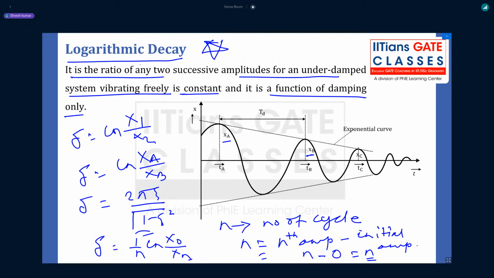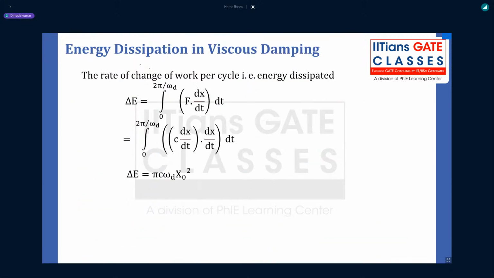So after logarithmic decay, the next concept is energy dissipation in viscous damping, because there is one question from that also. The total energy dissipation in viscous damping in a cycle is given by pi c omega d x naught square. What is x naught?